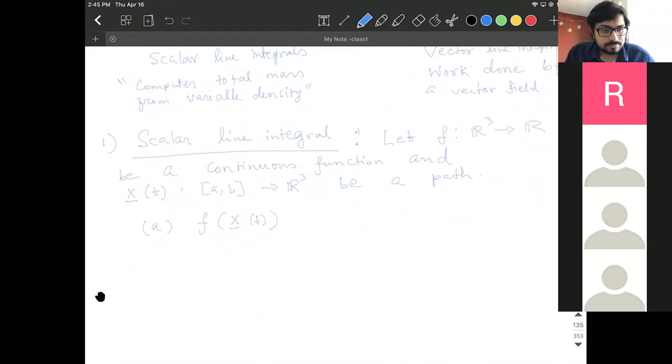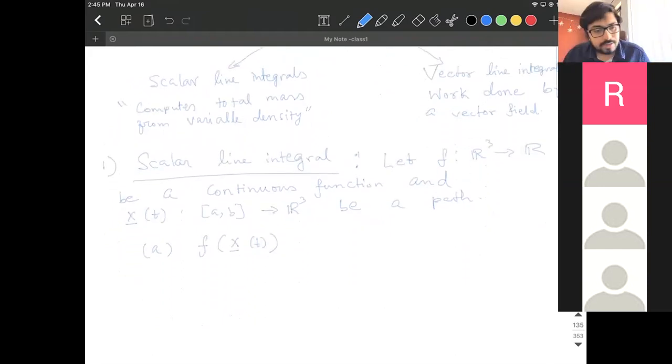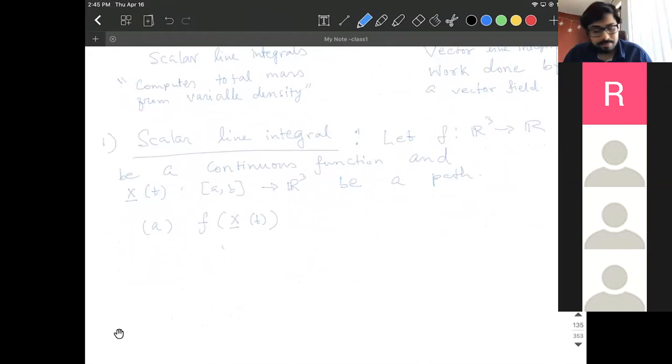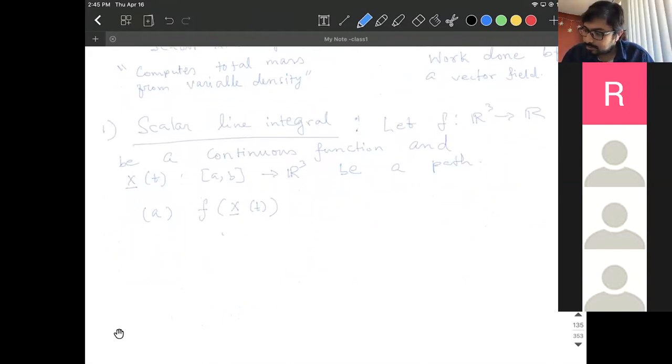I mean, f can be variable density. So for example, f can be the density function. So f at x of t computes the density at x of t. So this is the analogy for variable density at x(t). Okay.